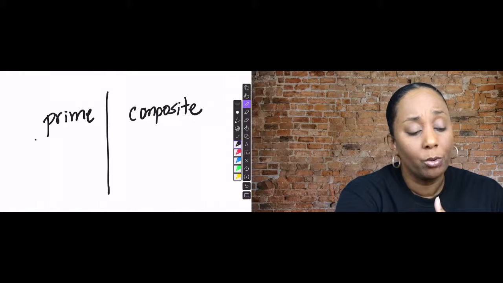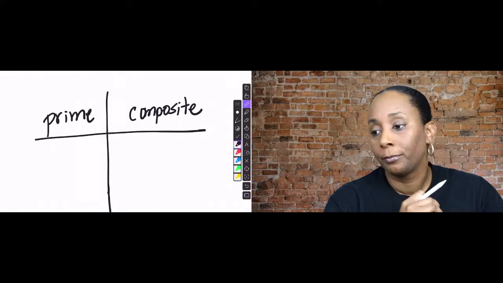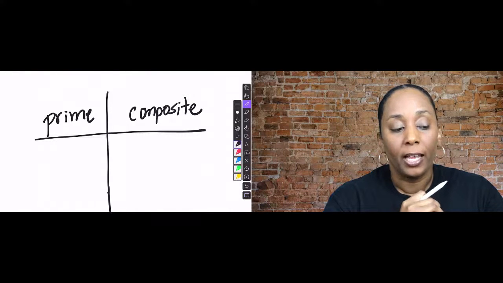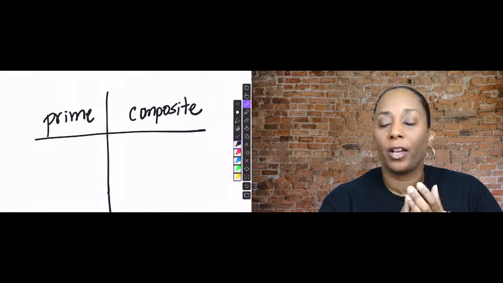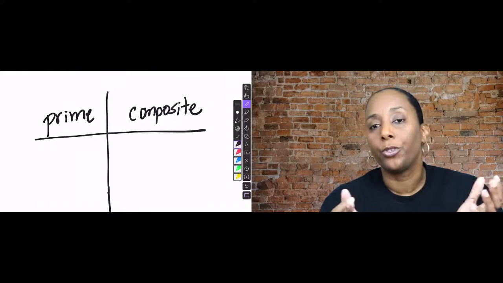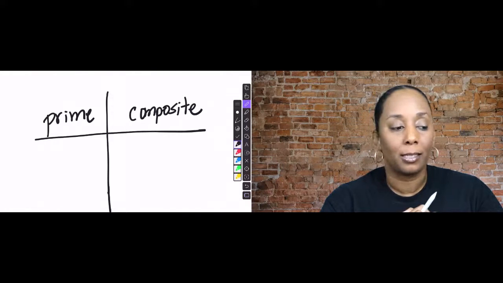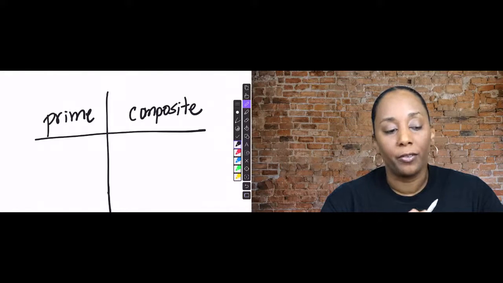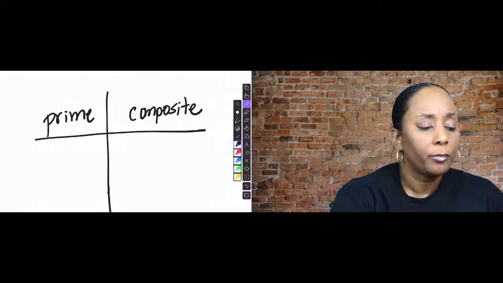So what you do is you have them organize it in a T chart. And that's what I used to do with my students. And then I used to do the Sieve of Eratosthenes, where we would do that with the hundreds chart and shake out prime and composite numbers. And that's one of the things that I definitely use with my students.